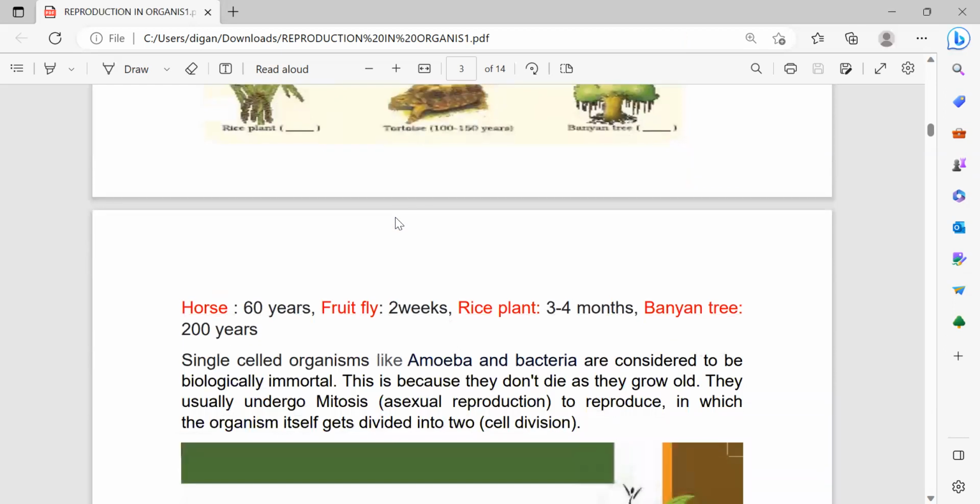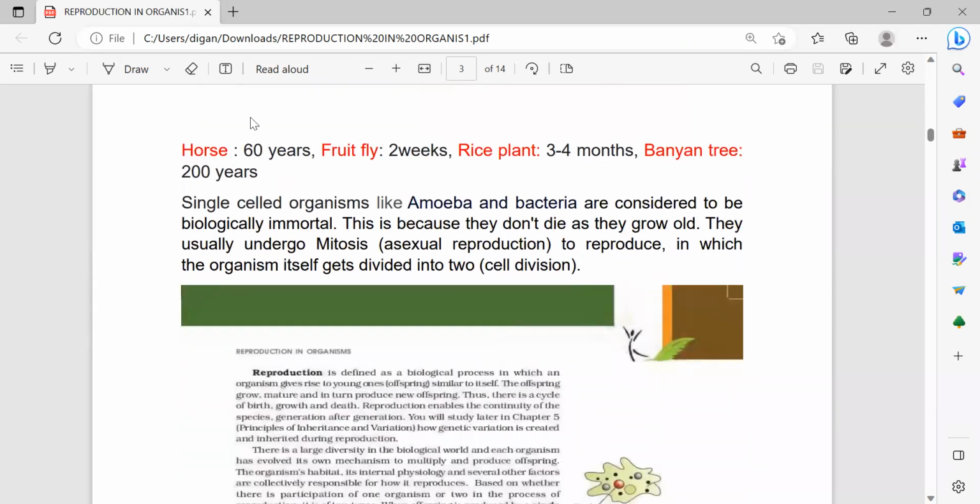One more question may come from this picture. Next important point: in your NCERT book it is mentioned that generally all organisms are mortal, but some single-cell organisms are counted as immortal. Why? These questions are frequently asked. The answer: single-cell organisms like amoeba and bacteria are considered biologically immortal because they don't die as they grow old.